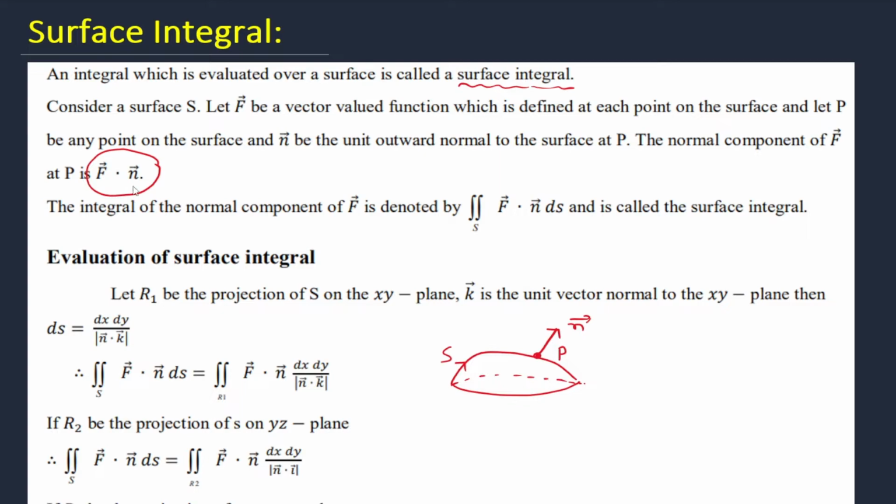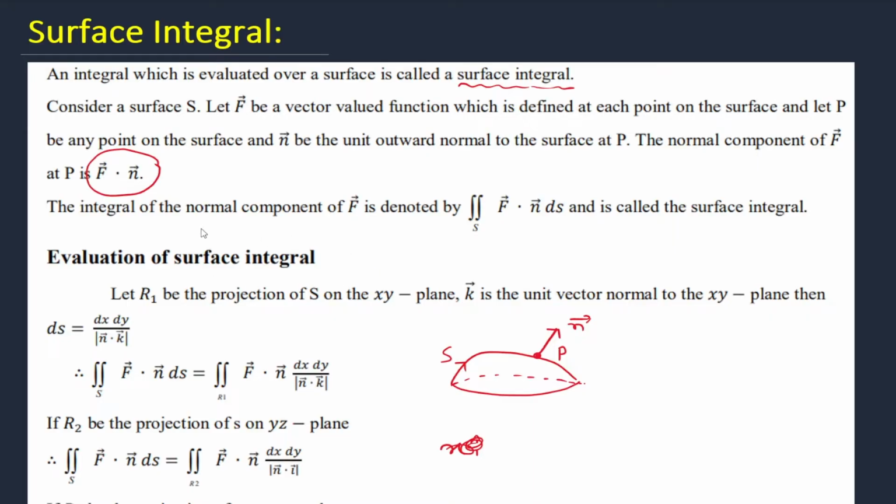So F bar dot N bar is the component along the normal direction. Similarly, if we write x I cap, X is the component along the x axis because I cap is there. Since it is with N bar, this is the component of the vector valued function along the unit outward drawn normal.